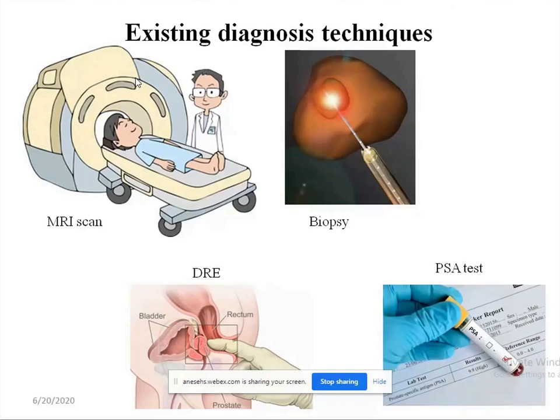And the final kind of test is the antigen-based test, or the blood test or other body fluid test. These are tests where we detect a particular biomarker used for disease detection. For example, in the case of prostate cancer, there is an antigen called prostate-specific antigen. These are proteins present in human body fluids such as blood, saliva, urine, etc. When a person is healthy, there will be a very low concentration of these biomarkers.